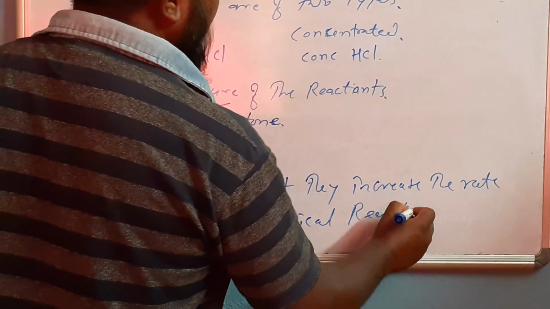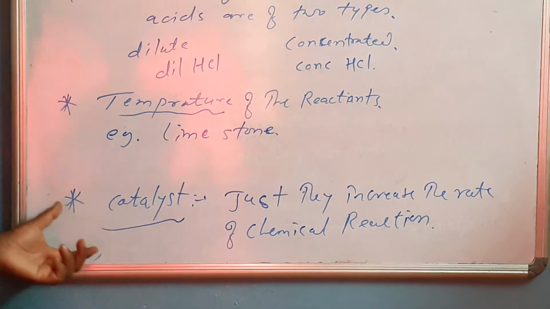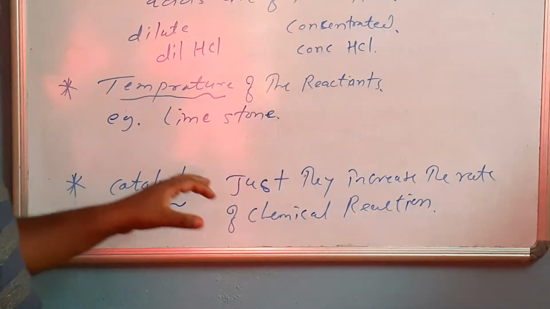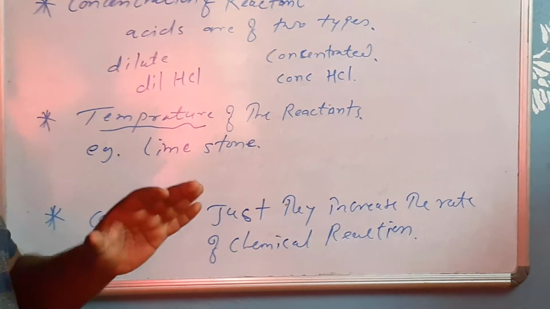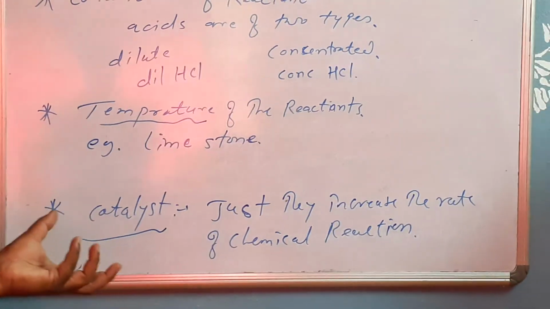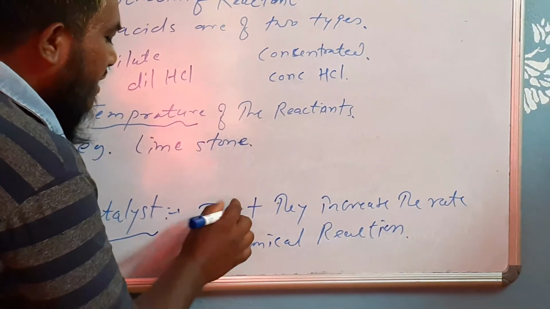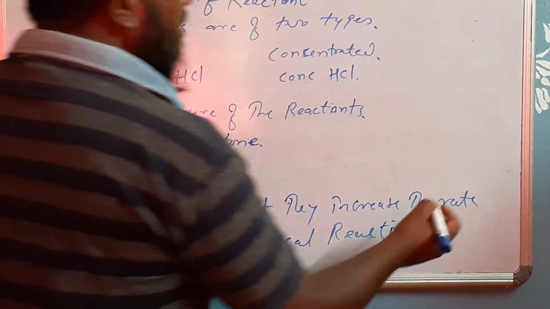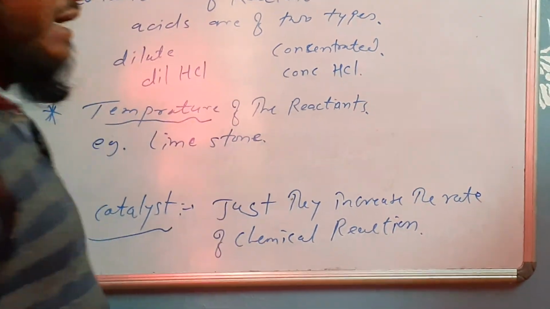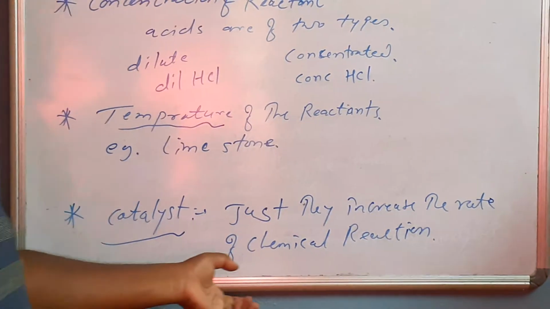Now keep in your mind, catalysts are those substances which are present in the chemical reaction but do not take any part in it. They just increase the rate of chemical reaction. Increase means what? They help to form the reaction and product very quickly.